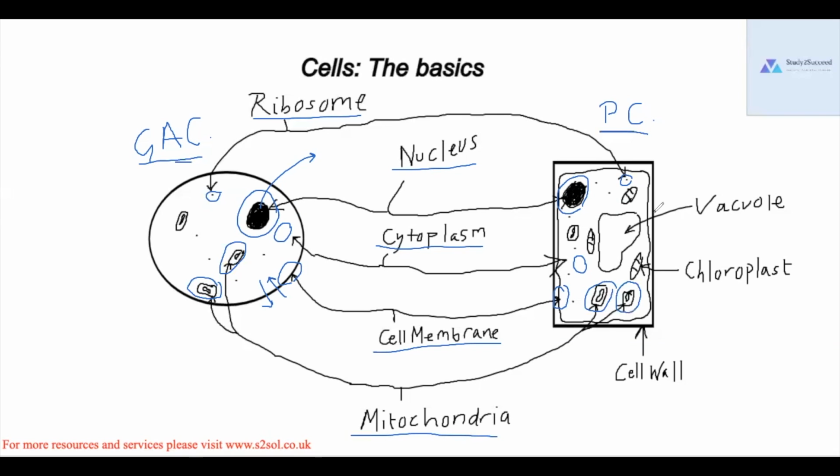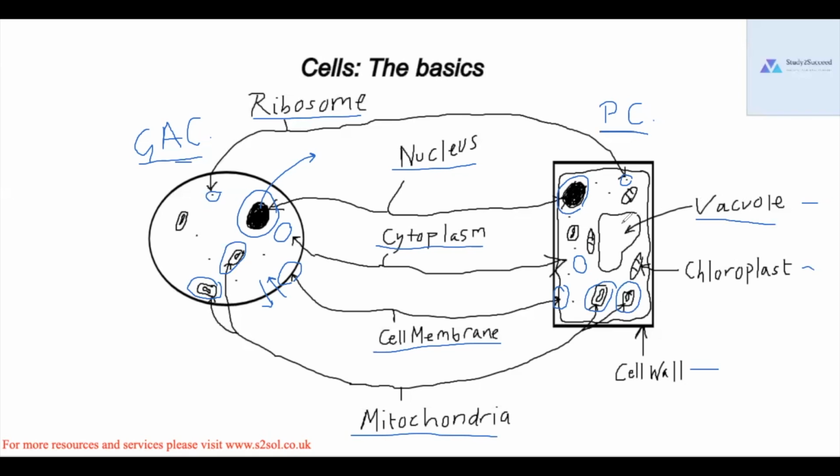However, as we can see, there are extra structures that are found in plant cells that are not found in animal cells. And these structures help the function of a plant and help the plant to survive. And so the first structure that we can find in a plant cell and not in a generic animal cell is a vacuole.